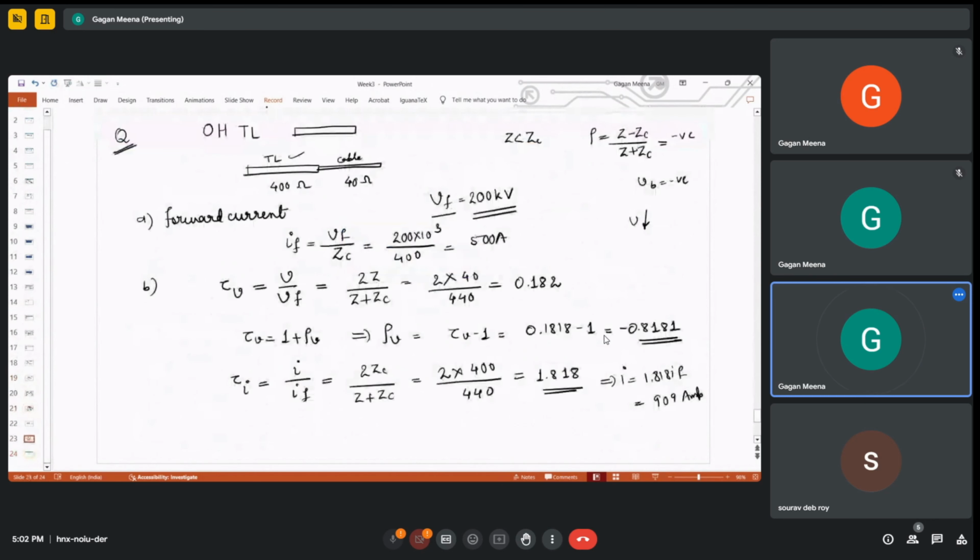Yeah, so this is done. We have found the transmission coefficients. Now the reflection coefficient for current is IB divided by IF. And this is minus VB by ZC divided by IF, where IF is VF by ZC.